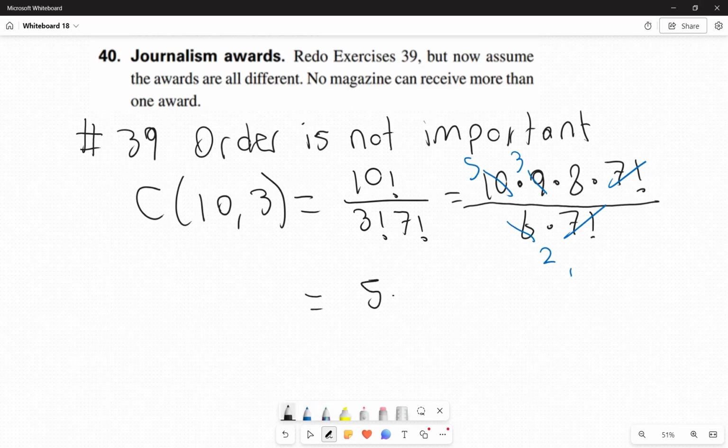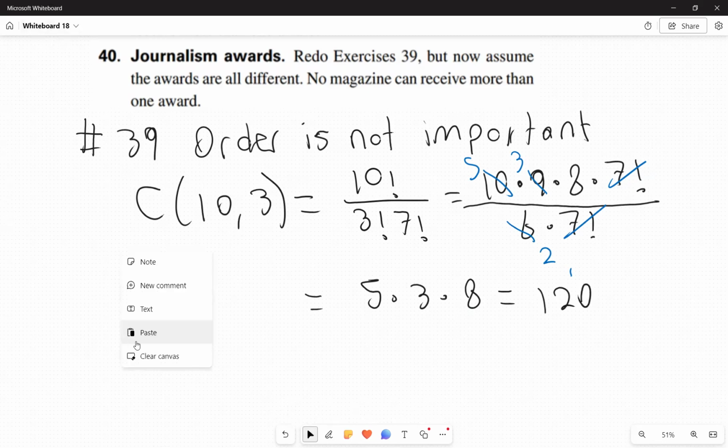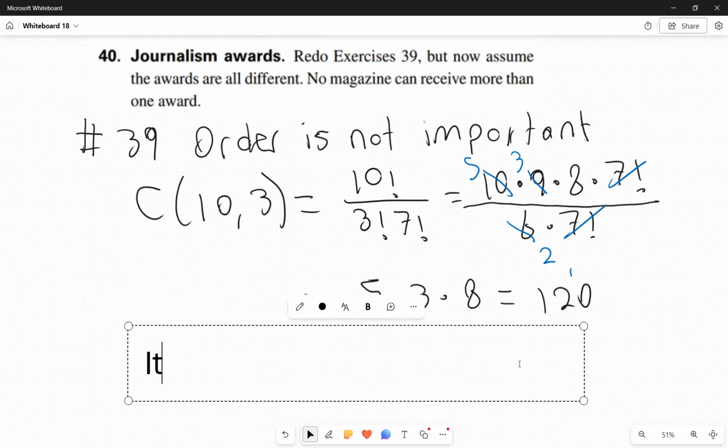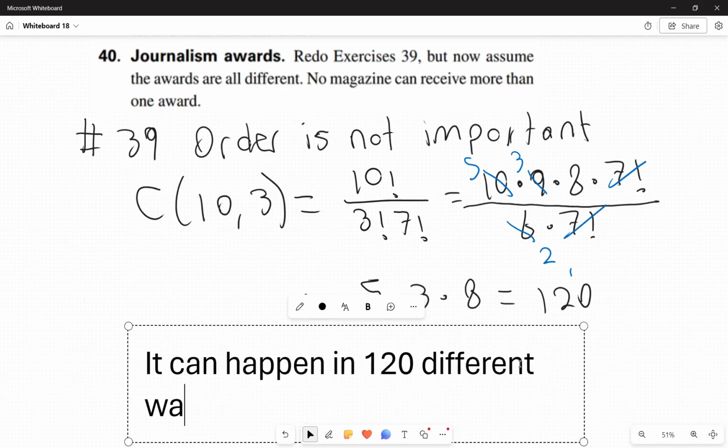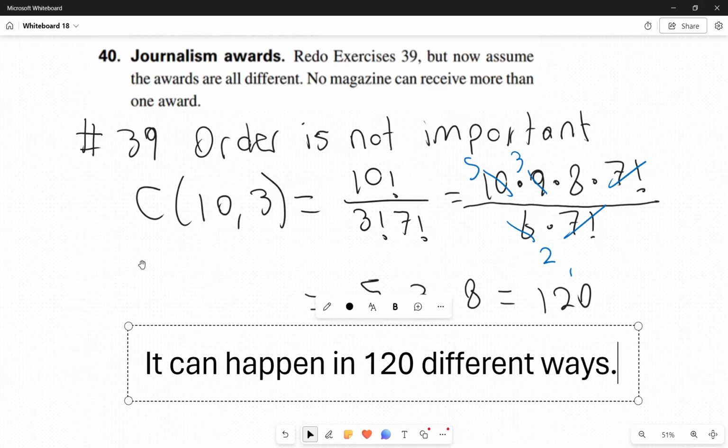We have at the end 5 times 3 times 8, which is 120. So it can happen in 120 different ways. They just need to select 3 different magazines.